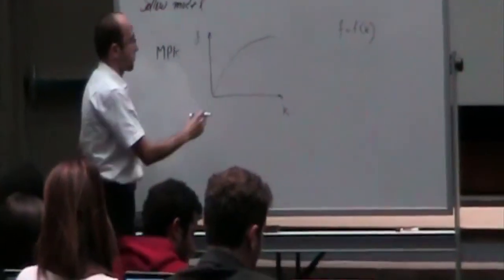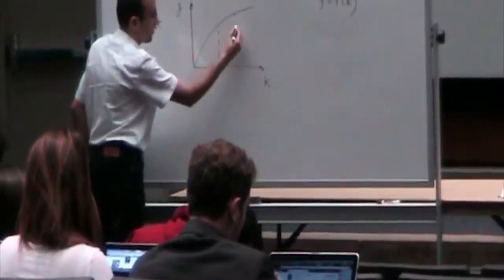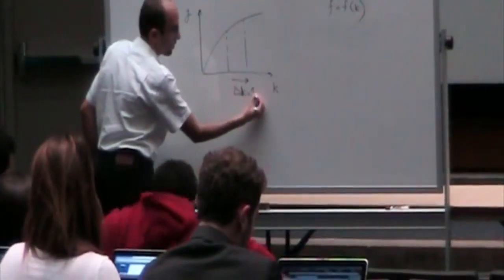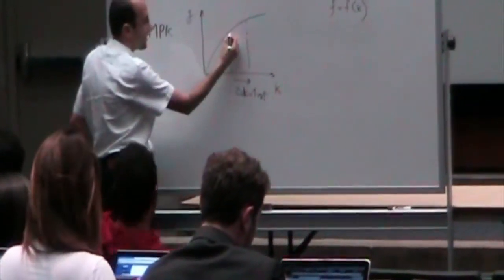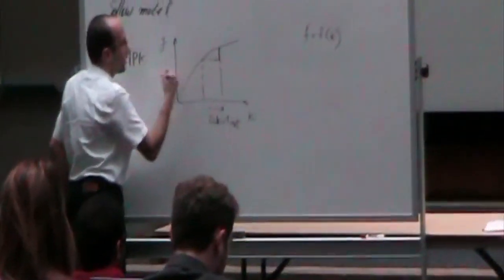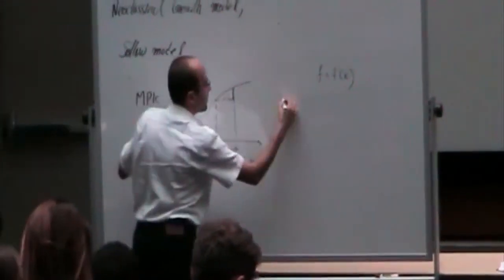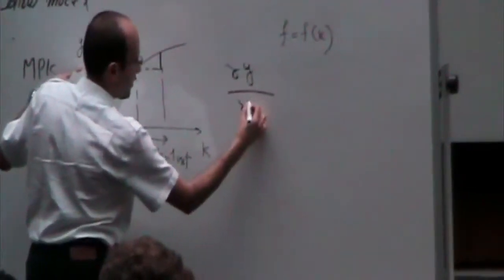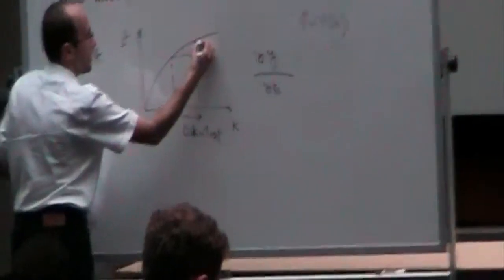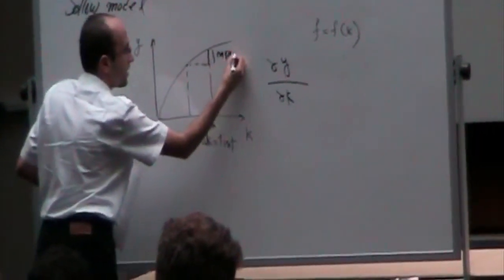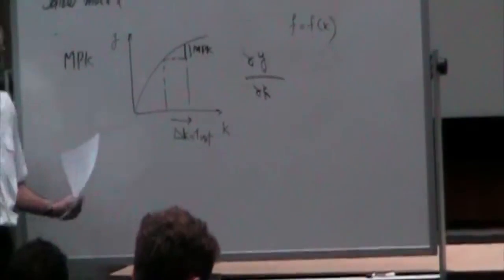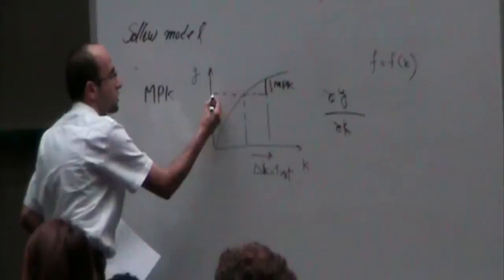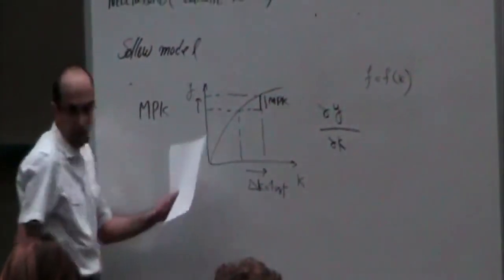If I change k by 1 unit, then the slope of this curve, which is the partial derivative of y with respect to k, gives you the MPK. It means if you change the unit of capital by 1, your output will change by this MPK level.